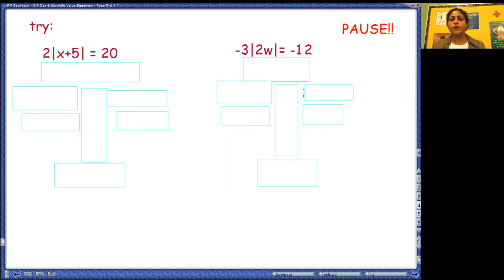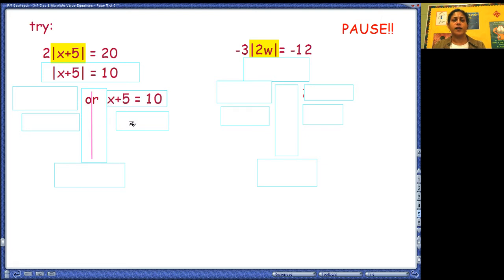So now I want you to pause the video and try these two equations and see if you get the answer right. I am going to highlight the absolute value in each one of them to help you a little bit. Remember, you're going to isolate the absolute value first. So we have equal to 10. I'm going to put my line and put the word or.